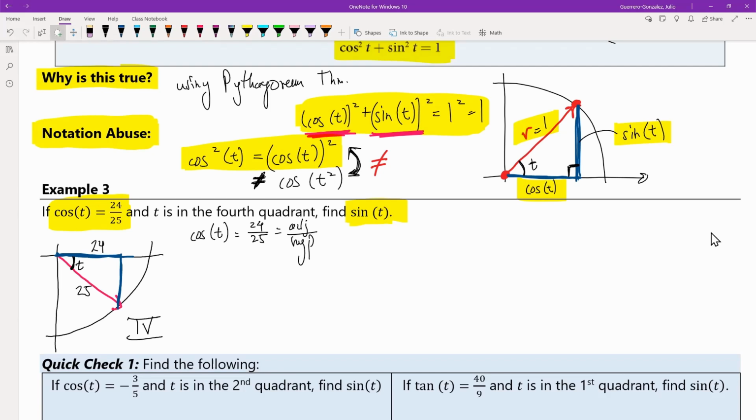I'm going to move this over here just so we can have it out of the way, because now I'm going to solve this using two different methods. Method 1, I'm going to use SOHCAHTOA.